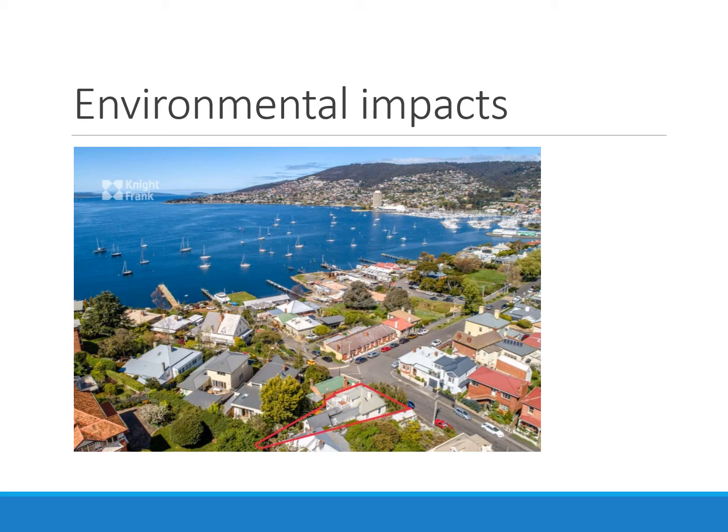Is there any vegetation clearing? Is a heritage area affected? This will trigger a heritage overlay. What might those environmental impacts be? And so the thing about EIA is that every new development is unique.